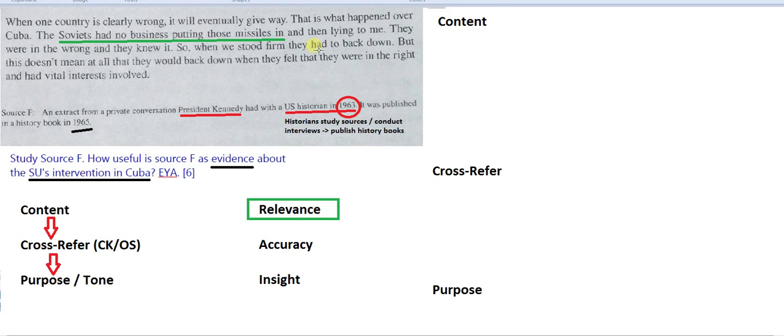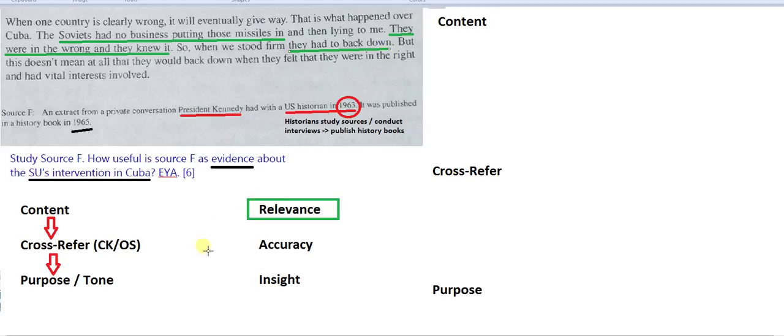Also, they were in the wrong and they knew it. So the Soviets knew that their intervention was wrong, and in acknowledging that they were wrong, they eventually had to back down.